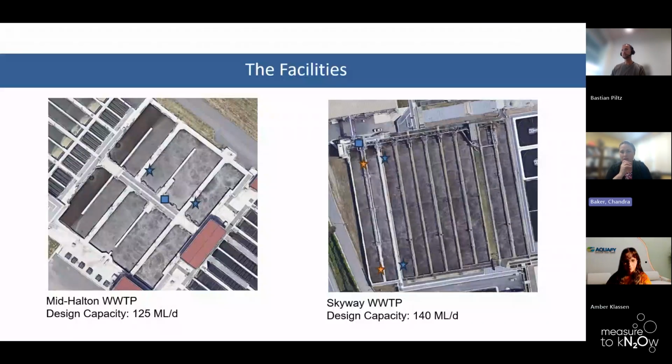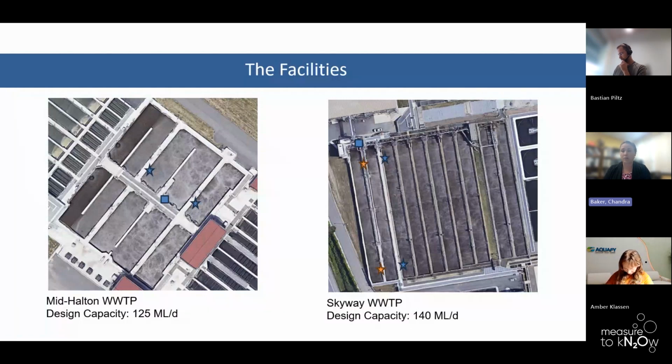So as you can see, we have the locations of the sensors at the beginning and end of the aeration zones. At the Mid-Halton plant, the first 2 passes are anoxic, with the second one being a swing zone. For the past year, we've been monitoring baseline data at both facilities, and the swing zone at Mid-Halton has been active.